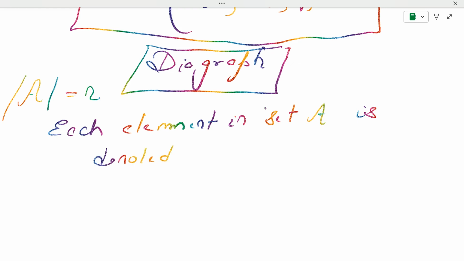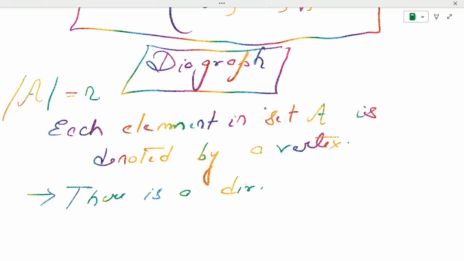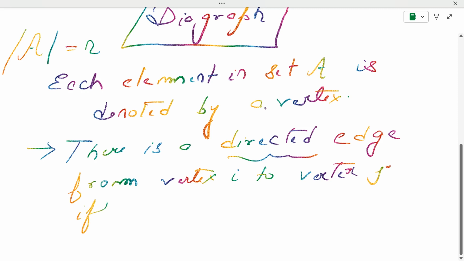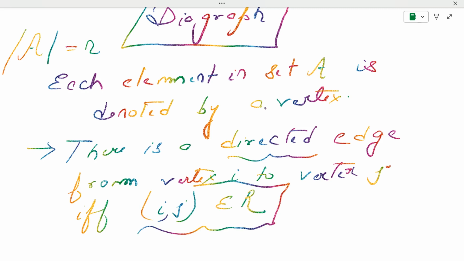And there is a directed edge from vertex i to vertex j, directed because we are learning about ordered pairs, if and only if (i, j) belongs to R. So if (i, j) belongs to R, then only is there a directed edge from vertex i to vertex j.